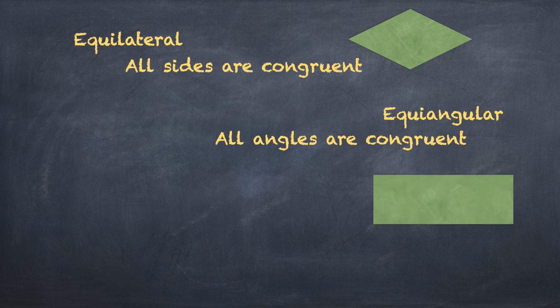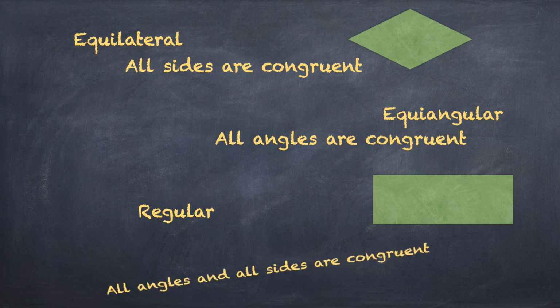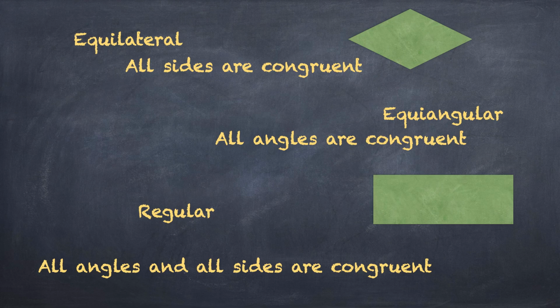Like in this rectangle, all of the angles are 90 degrees, but you can see the sides have different measures. So rectangles are equiangular. But what if they are both equiangular and equilateral? Then that is a regular polygon.